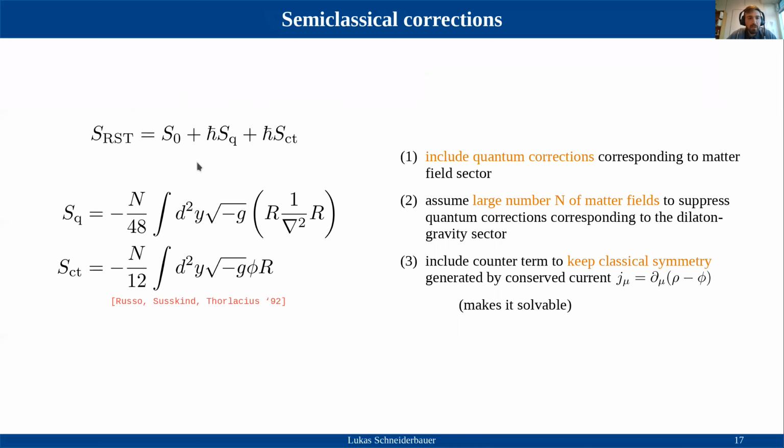These quantum corrections corresponding to the matter field sector are basically determined by the gravitational anomaly of the energy momentum tensor, which is this Polyakov term here. This was already studied by CGHS. What was done in '92 as well by Russo, Susskind, and Thorlacius is to add another term, some kind of counterterm of this form.